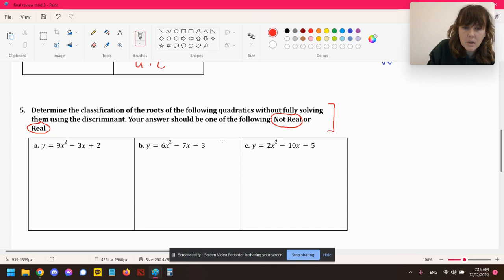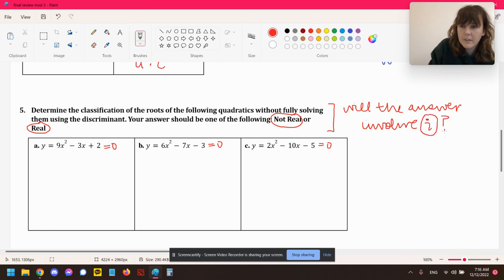So basically, I'm saying, let's set this equal to 0. Will the answer involve i? That's what this question is asking, right? If you're asking for not real or real, it's on the head. So this one, real means no i's.